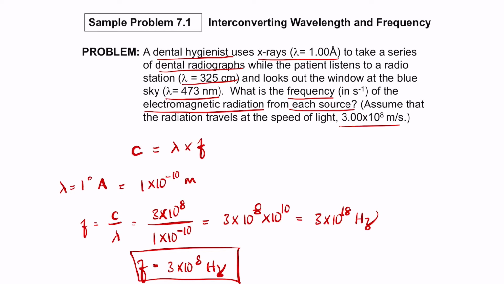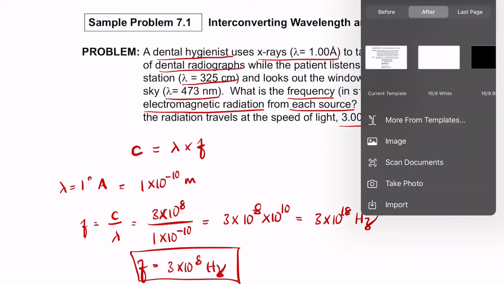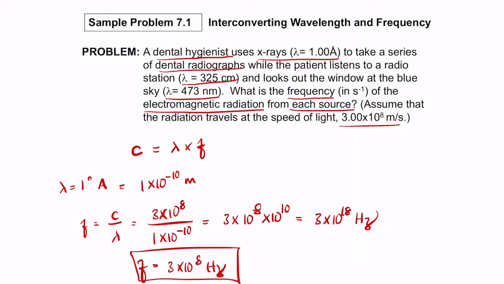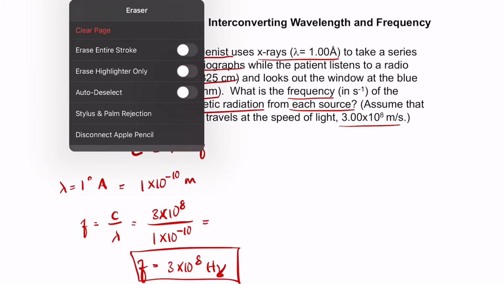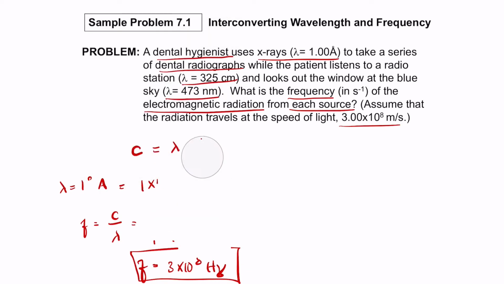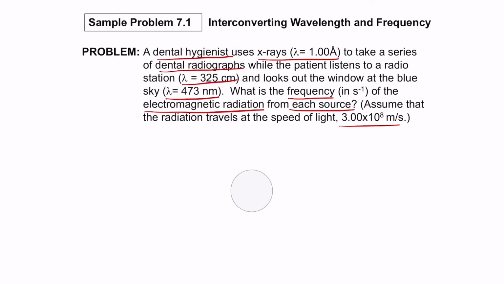Next, let's look at the 325 centimeters. The second one we have is 325 centimeters.